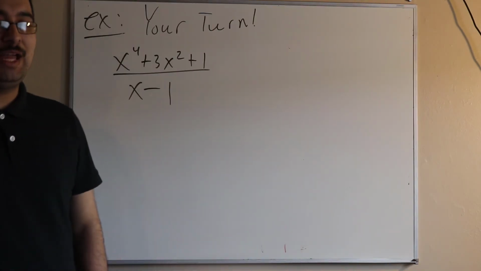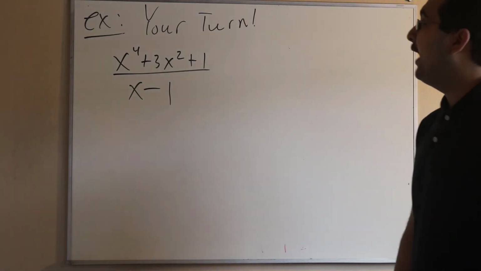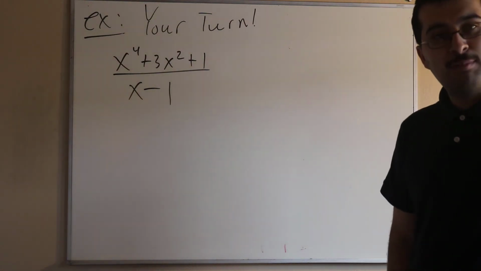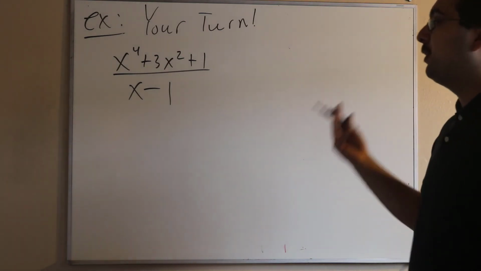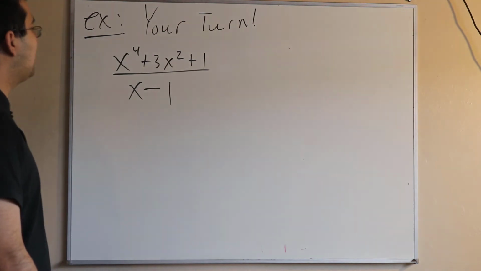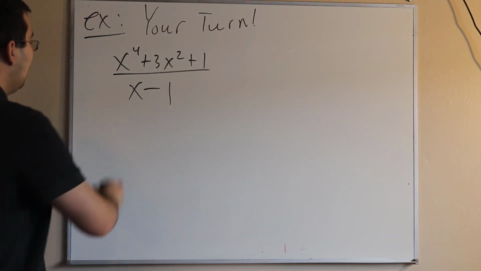Okay, so again, it's your turn, and I want you to consider the following division. x to the fourth plus 3x squared plus 1 divided by x minus 1. So again, I would like you to go ahead and try working through this problem on your own and come up with the results. I'm going to give you a quick hint just to help you along.